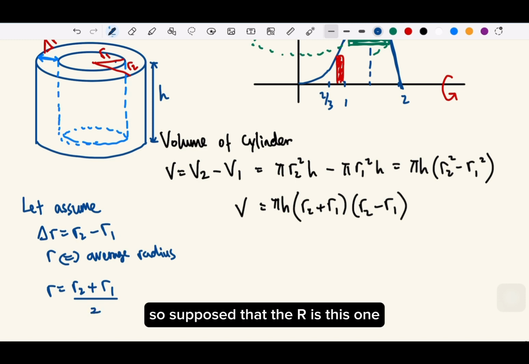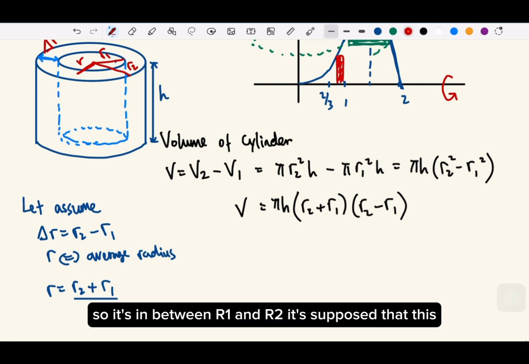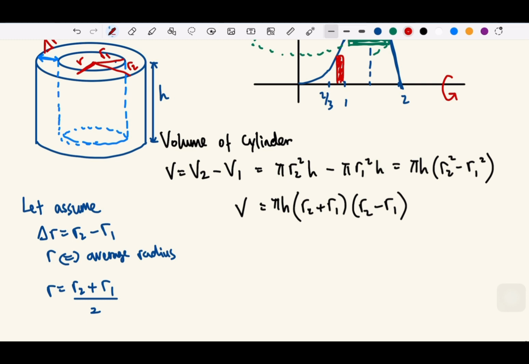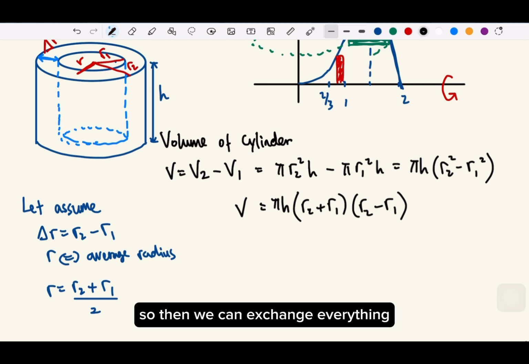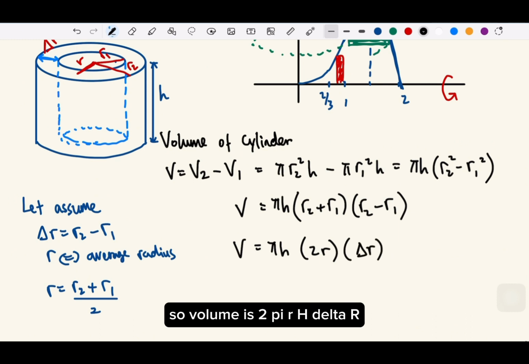So suppose that the R is this one. Okay. So it's in between R1 and R2. Suppose that this is the average radius. So then we can exchange everything. So this will be 2R. This will be delta R. Okay. So volume is 2 pi R h delta R.